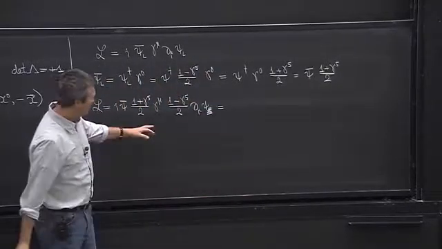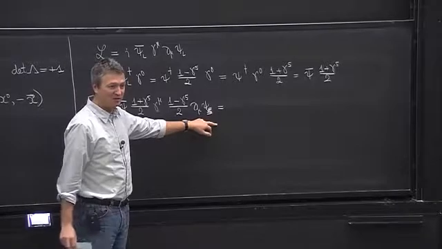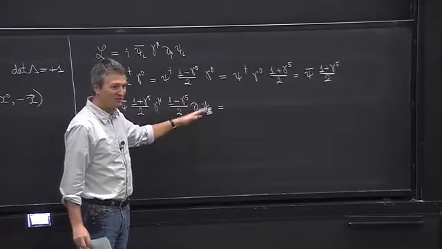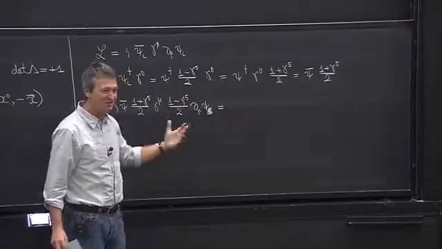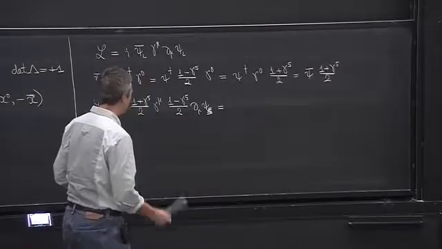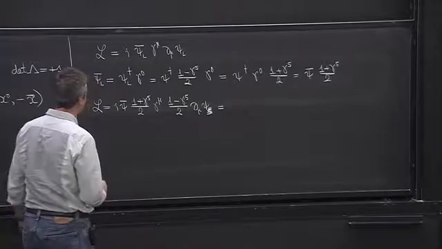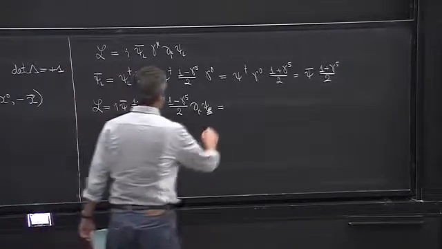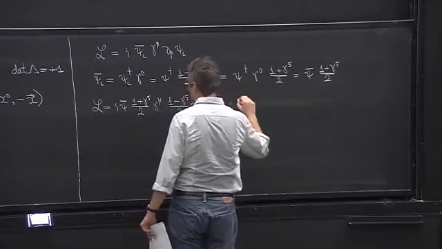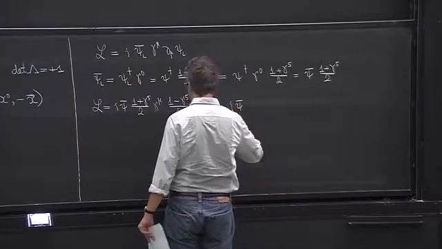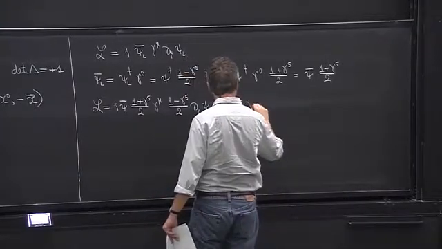Although formally this equation would also be correct because a projector acting twice gives the same. But what I really wanted to write is this equation. So, okay, then we can anti-commute (1 plus gamma 5) to the right.